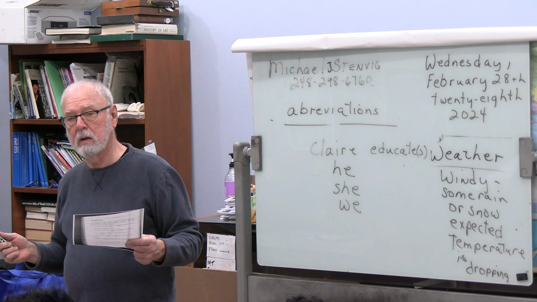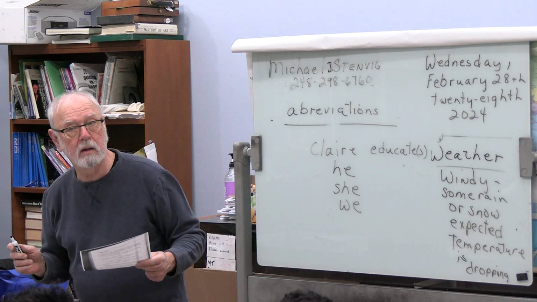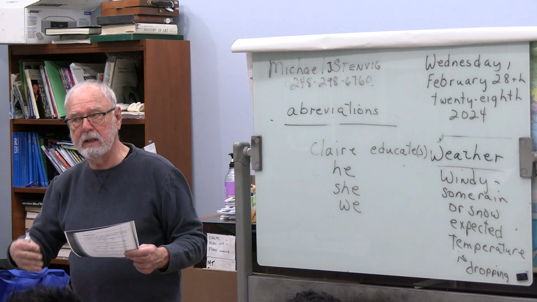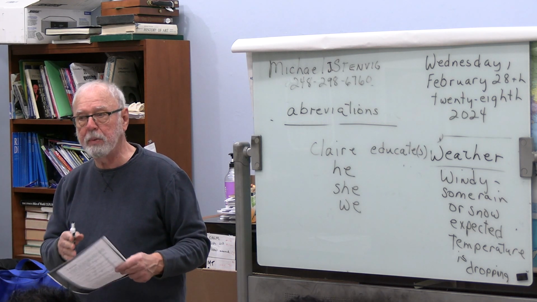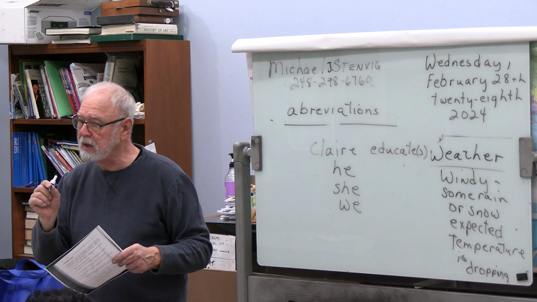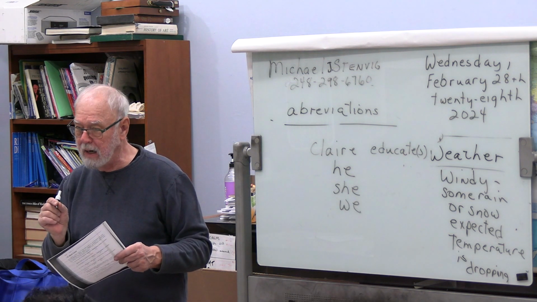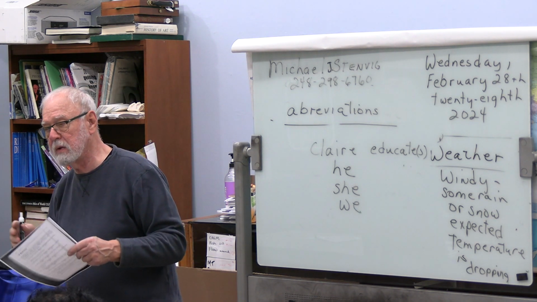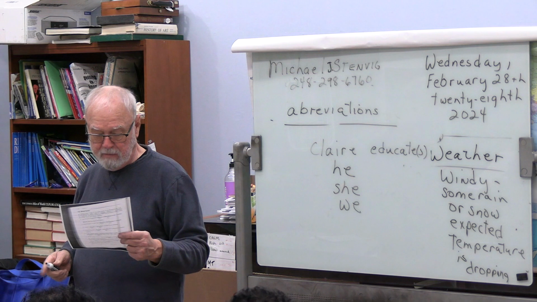What do we think? For example. For example, that's one of those lead-ins. If someone says "for example," it's usually followed by a comma, and then it gives you the examples. This one, this one, and this one.